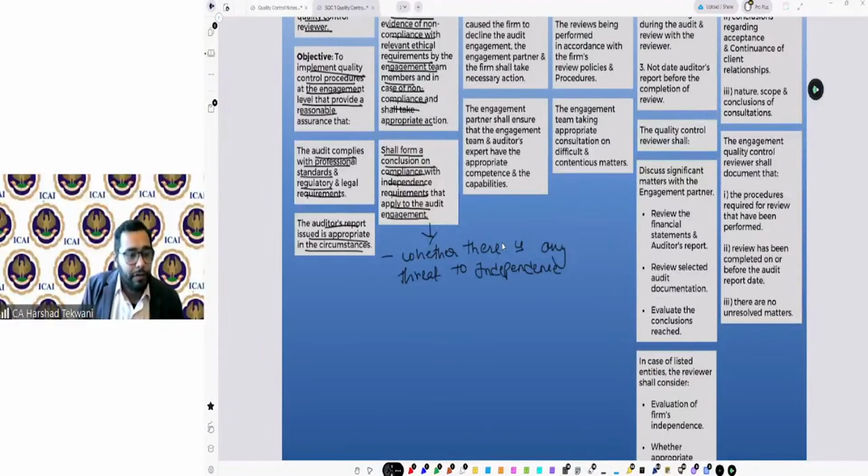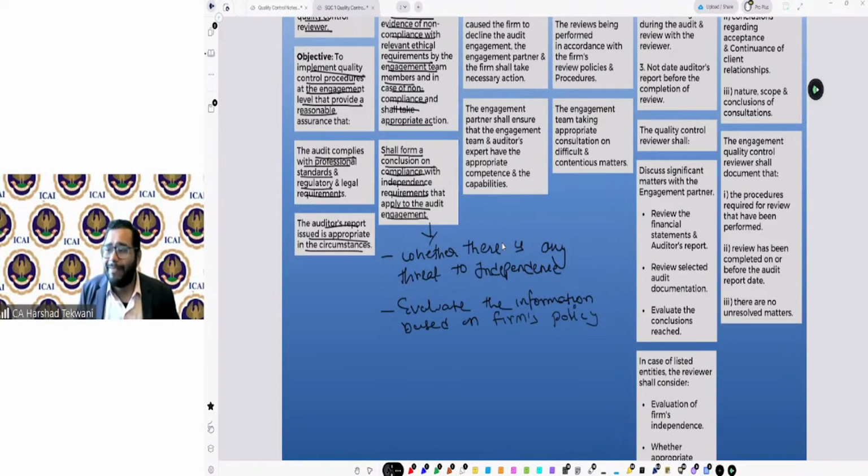So he needs to evaluate the information based on the firm's policy to determine whether there is any threat.